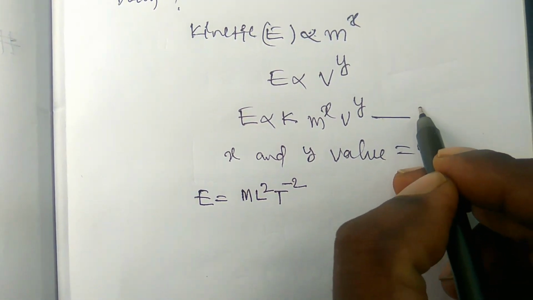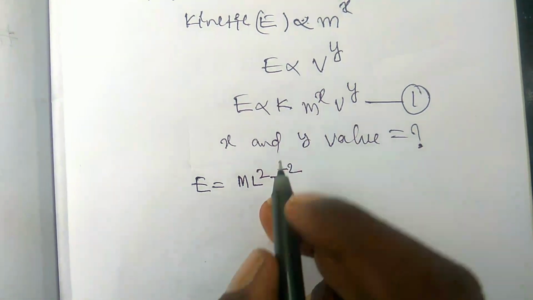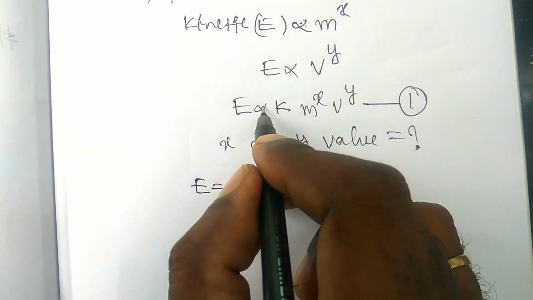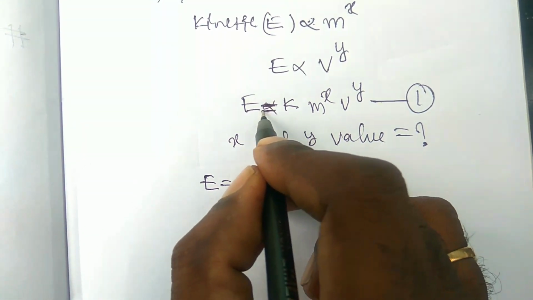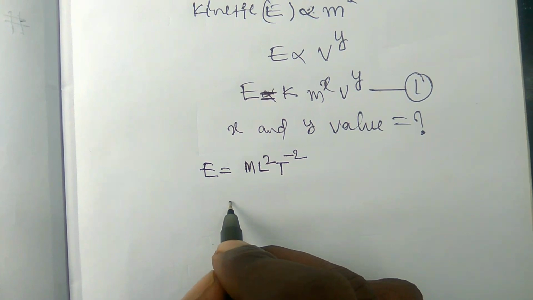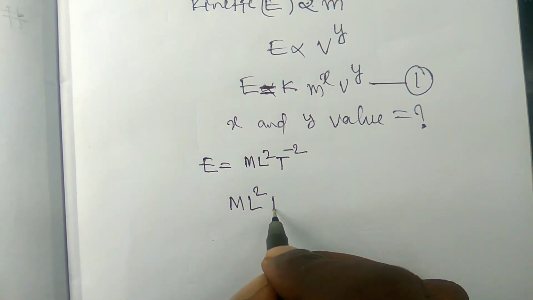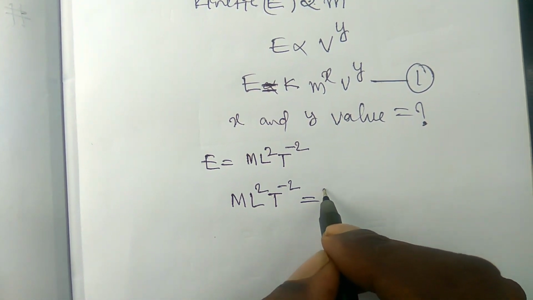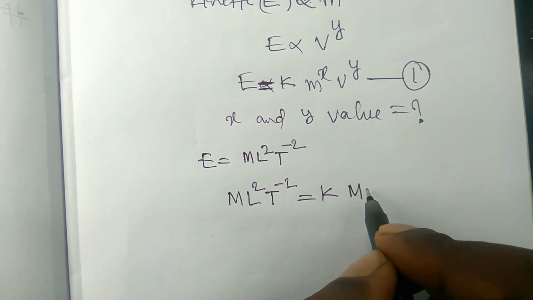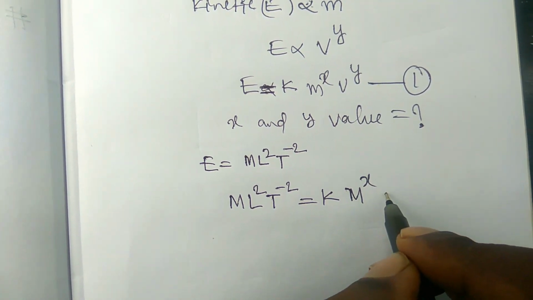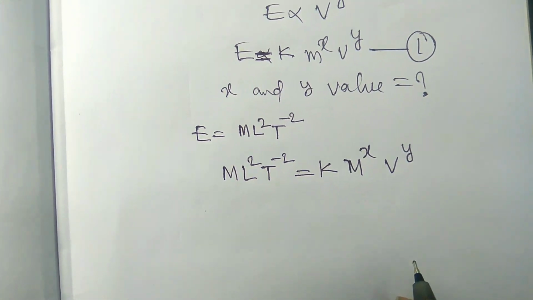This is equation 1. We can substitute here: ML²T^(-2) = constant · m^x · v^y.